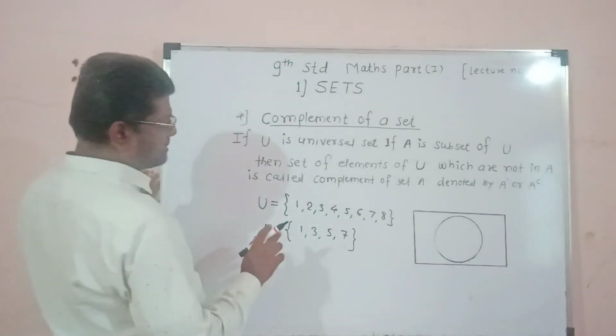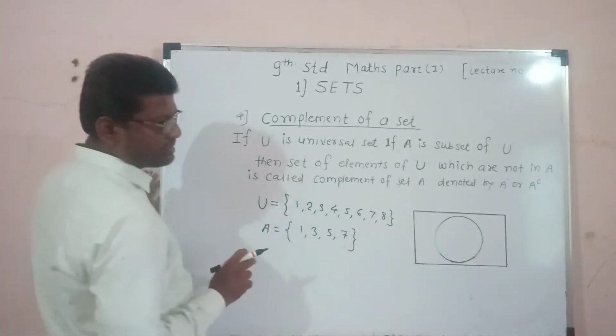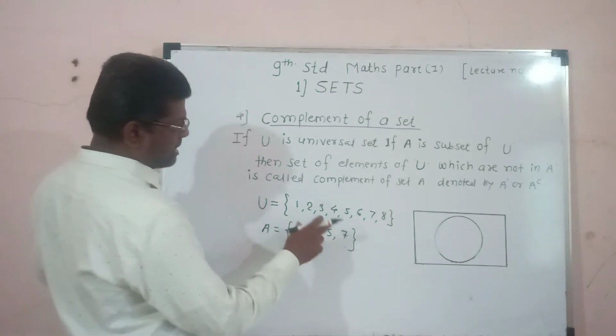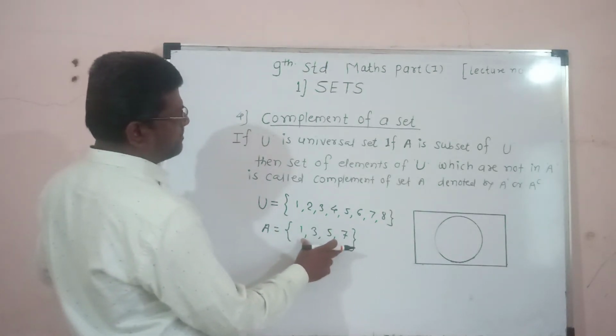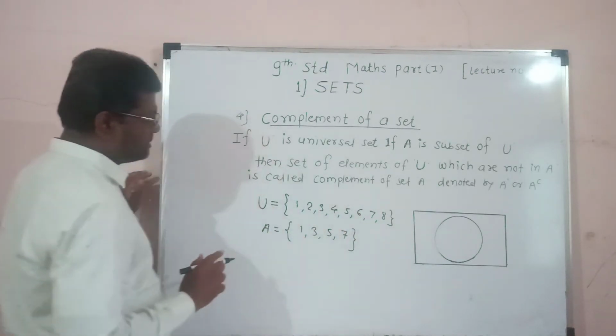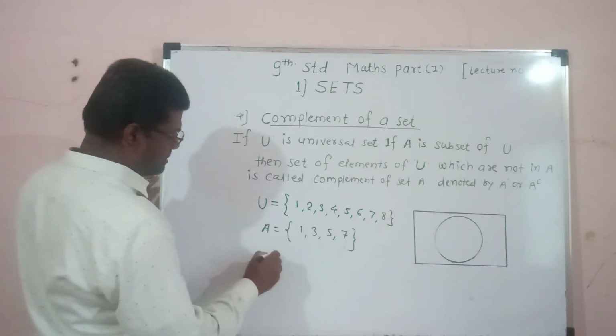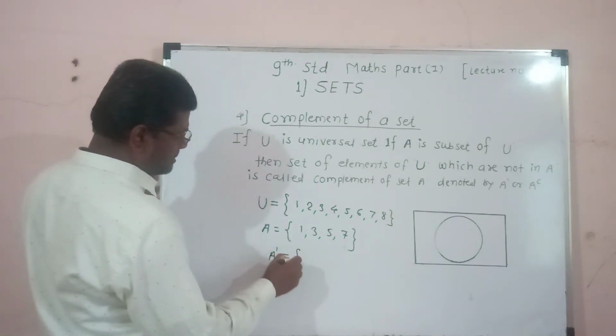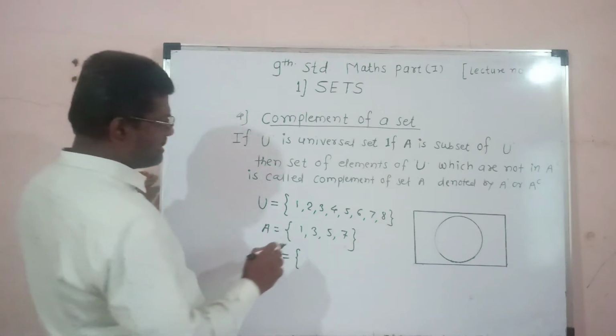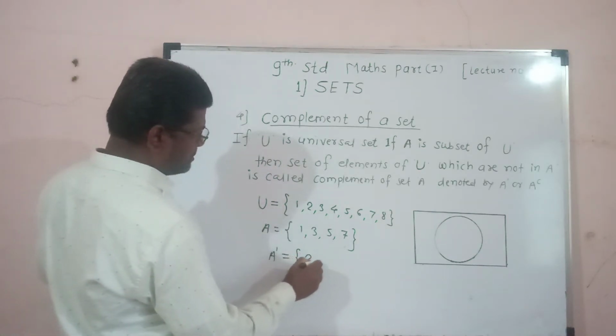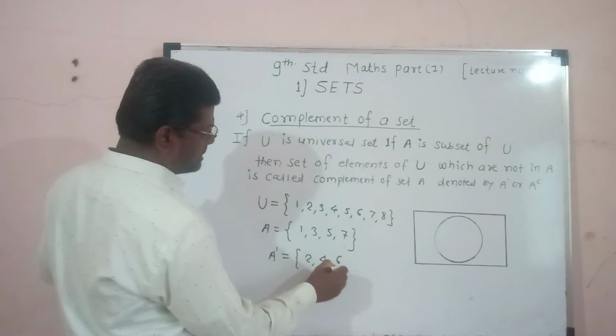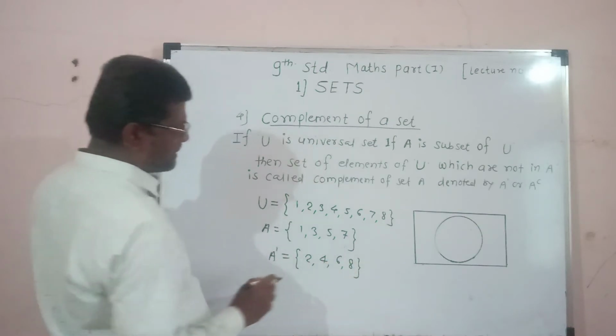Then the set of such elements which are not in A but are in U, those elements are 2, 4, 6, 8.